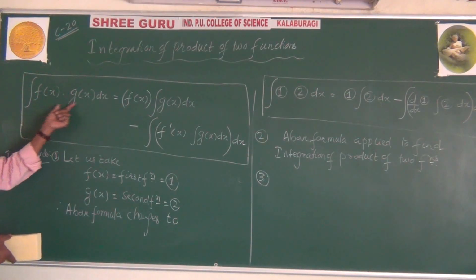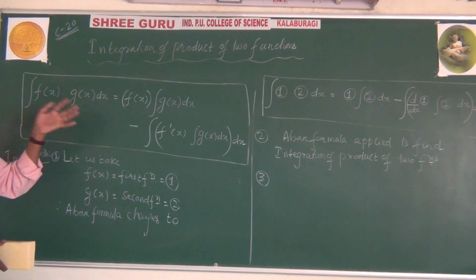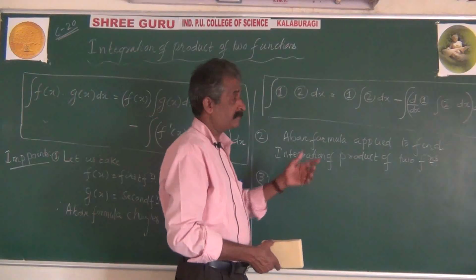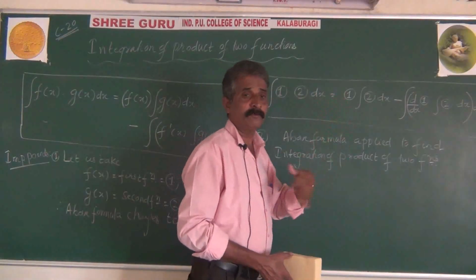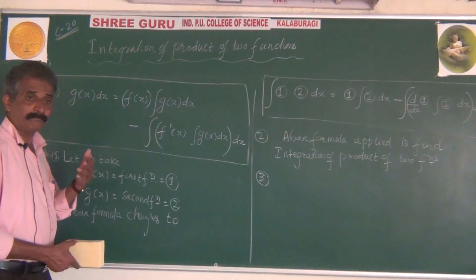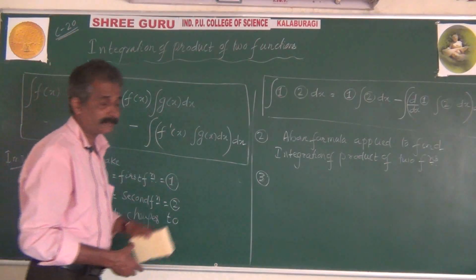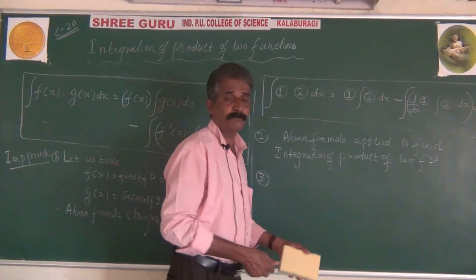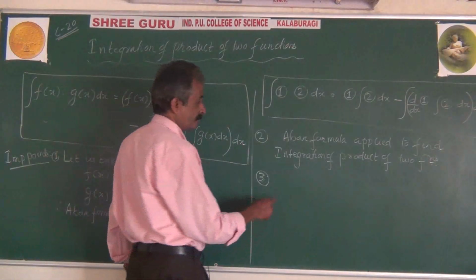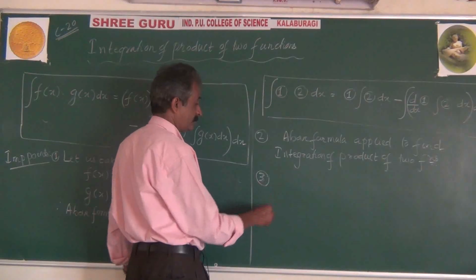This is the first part, this is the second part, as good as first function part, second function part. That's why this formula is more generally called integration by parts. Nothing but integration of product of two functions.